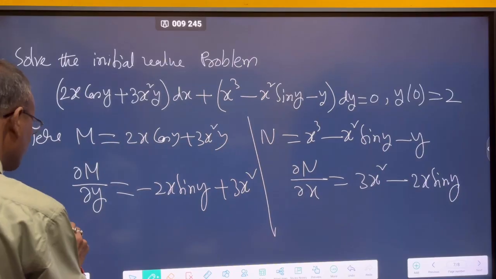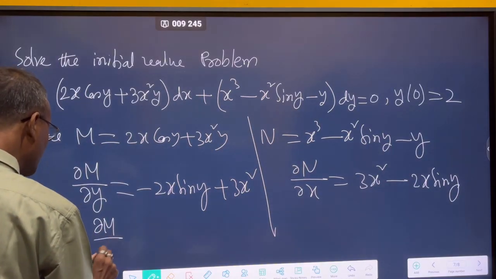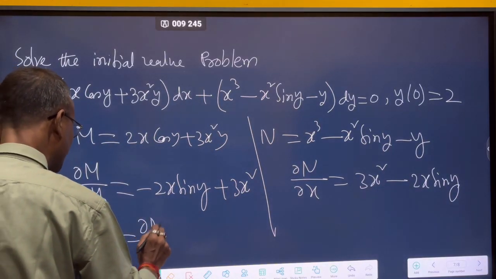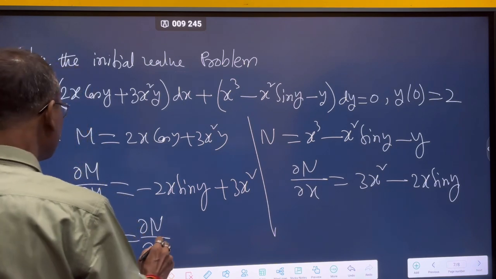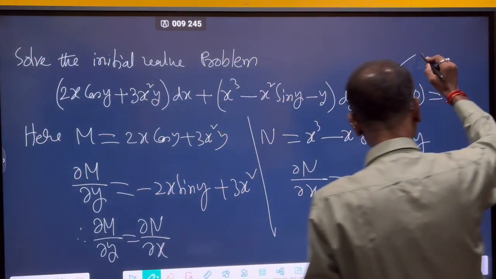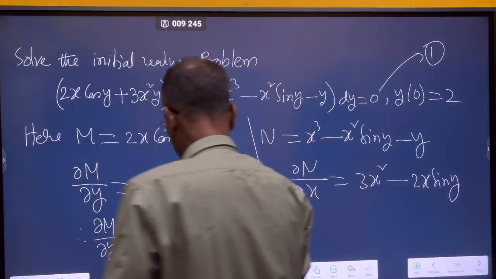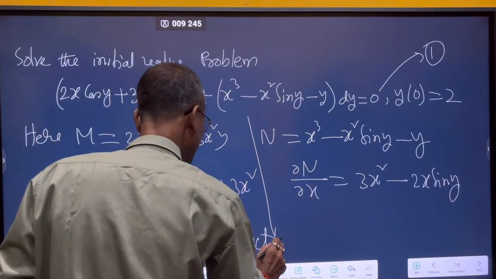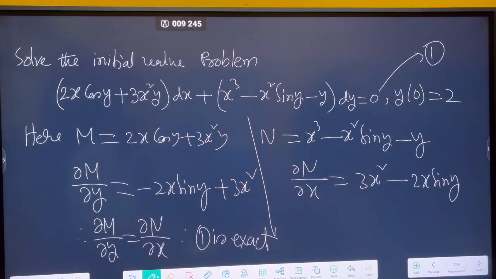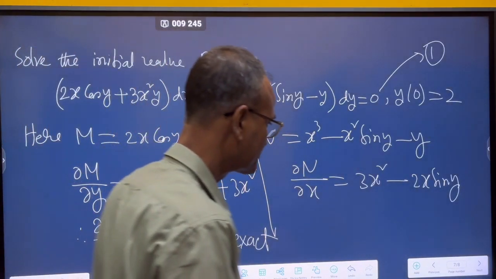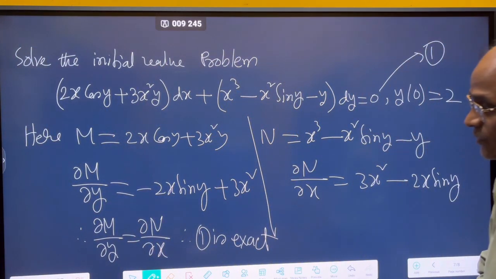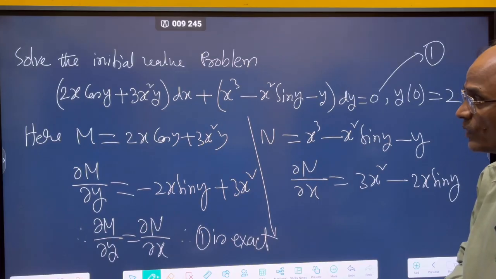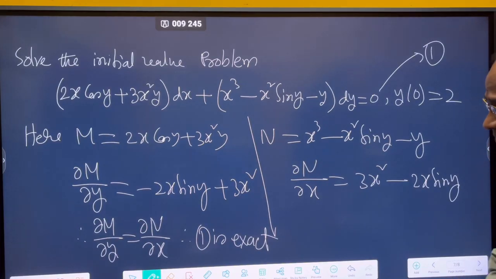Therefore del M by del y equals del N by del x. Suppose this is number 1. Therefore, 1 is exact differential equation.